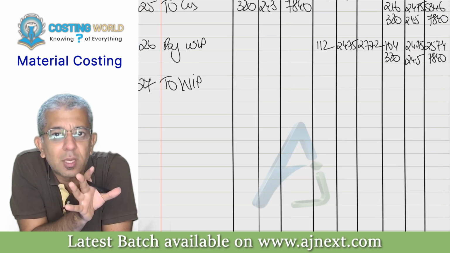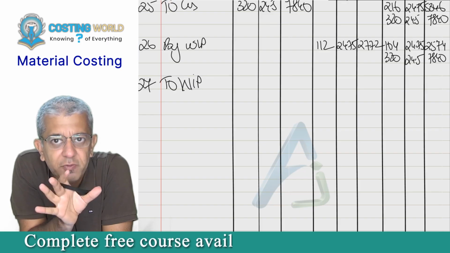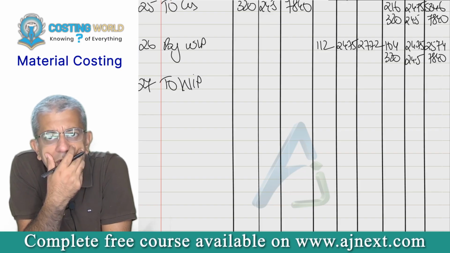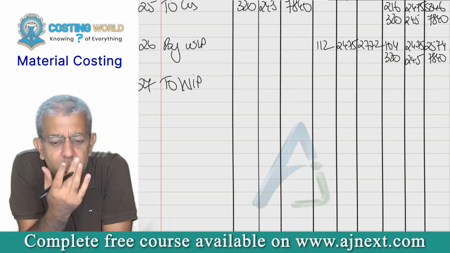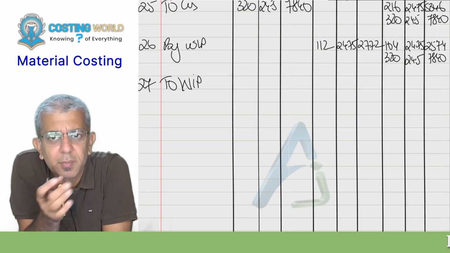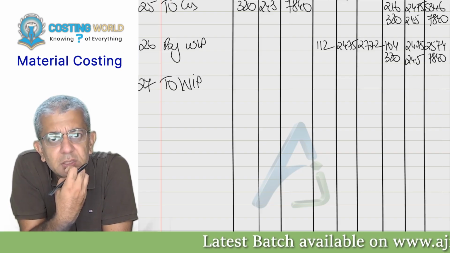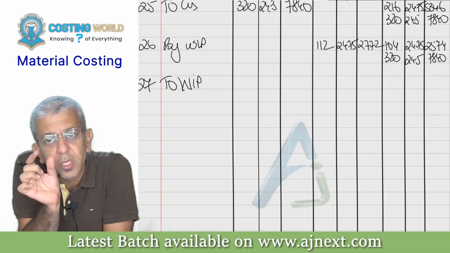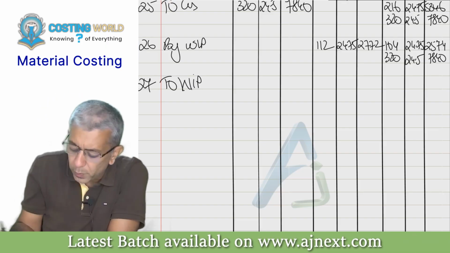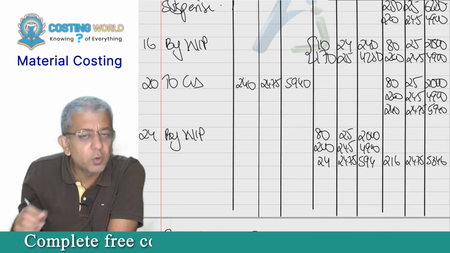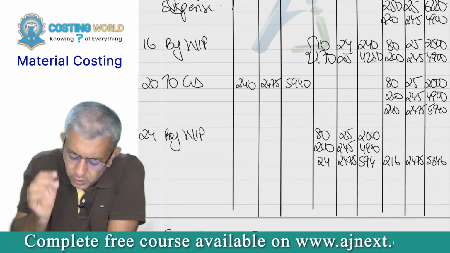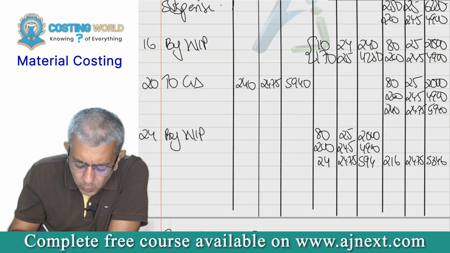It does not apply to the receipt side. Is that fine for you? Whenever we have talked of FIFO-LIFO or any other method, it is to find out the issue price, not the receipt. So for 12 units, there is no rule for this. You can do whatever you want. You can pick up 12 units from here.